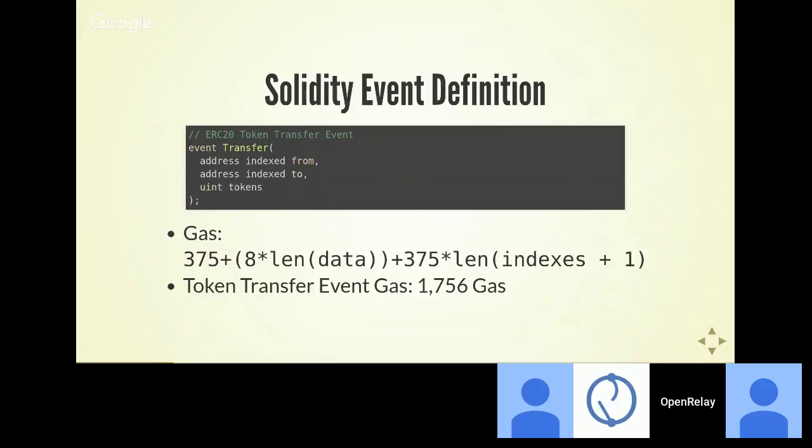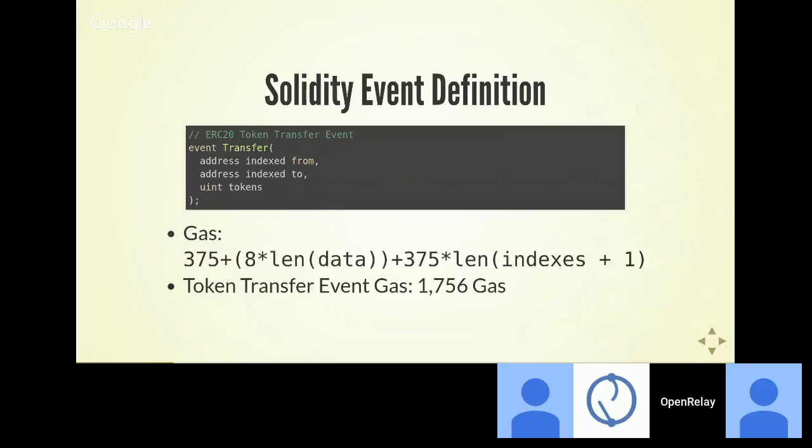It represents the signature of the event. So for a token transfer event for an ERC20 token, that costs 1,756 gas to emit the event.